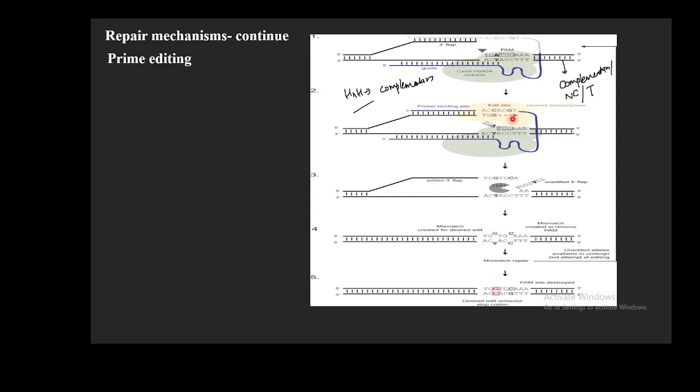Now these 7 bases in this particular example will replace the 7 bases, and these 7 bases are going to be removed by the FAN1 endonuclease. And since there is a conversion of the stop codon to TGG and the PAM site is also destroyed, the mismatch repair enzymes will repair this DNA molecule, and that's how prime editing basically functions.